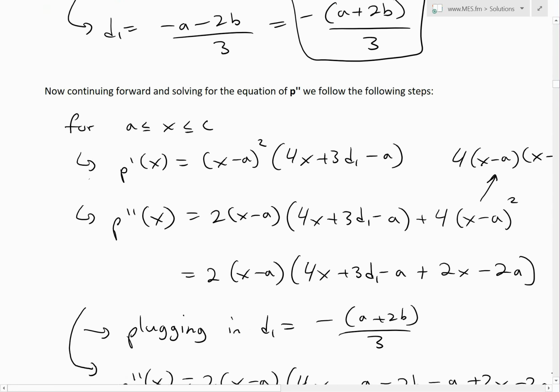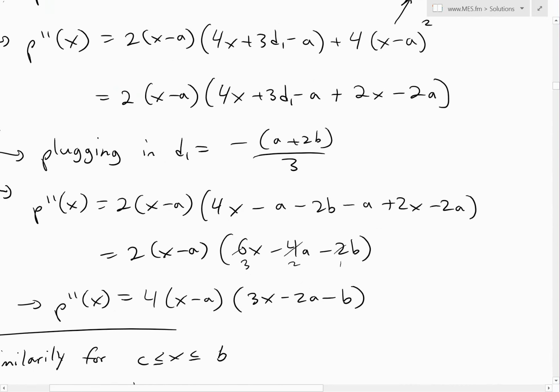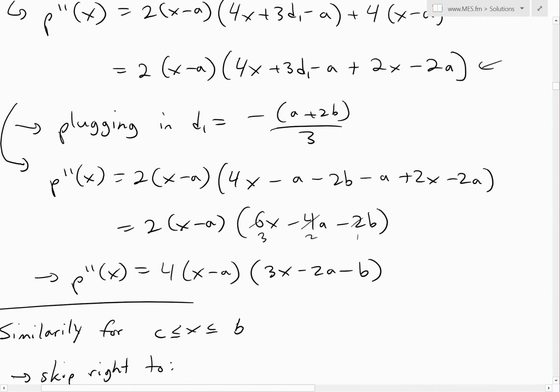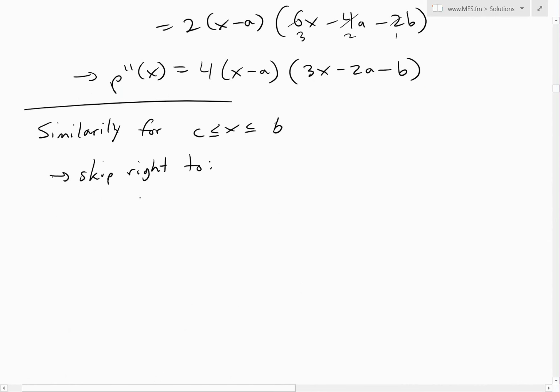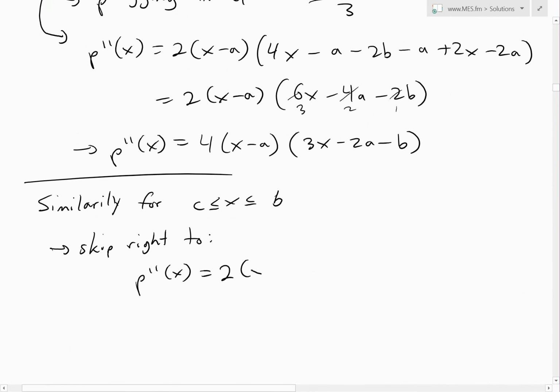Let's skip up to this part right here. So I will put that in down here. So this is going to be p double prime of x equals 2. I'll just write that down, 2, and then we're just replacing a with b.